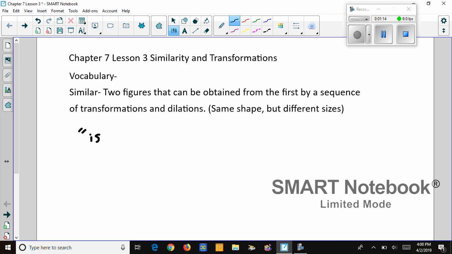If we want to say is similar to, we're going to use just this mark here, which you'll recognize is on our congruent symbol. If you notice, the symbol for congruence is a combination of the equal sign and the sign for similarity. Now that's on purpose. Let's go ahead and take a look at an example of how we can determine whether two shapes are similar or not.